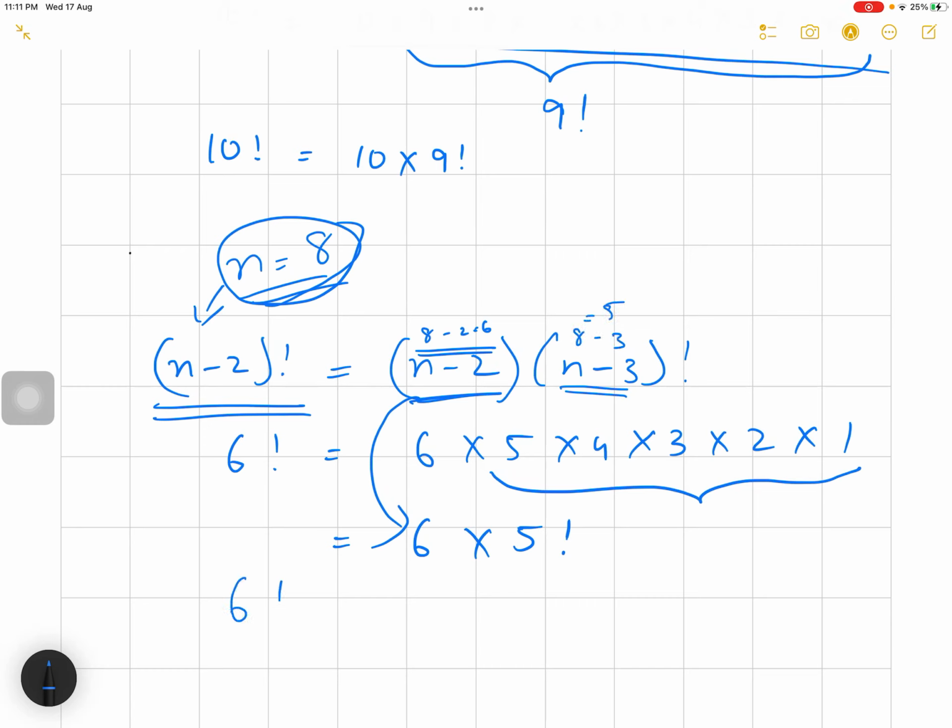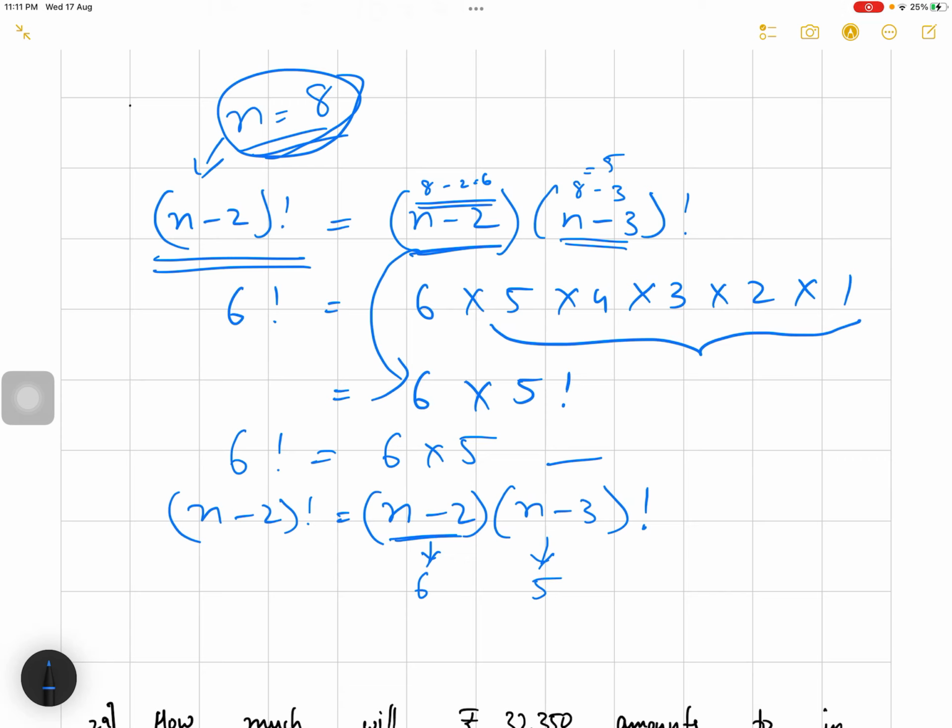So if 6 factorial can be written as 6 into 5 factorial, in the same way n minus 2 factorial will be n minus 2 into n minus 3 factorial, right? Because if n minus 2 is 6, n minus 3 is 5.